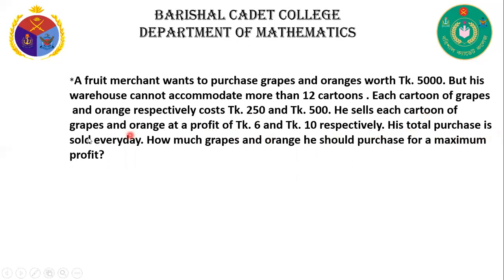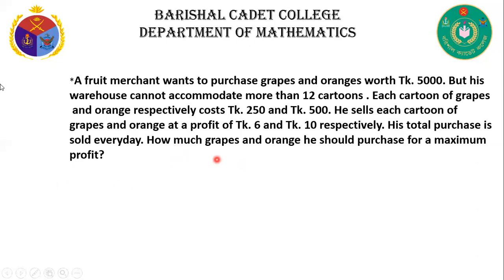His total purchase is sold every day. How much grapes and orange should he purchase for the maximum profit? This is our given question. Now we divide this question into two parts. First part, formulate the linear programming problem, then solve it graphically.